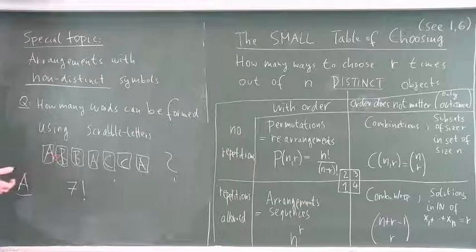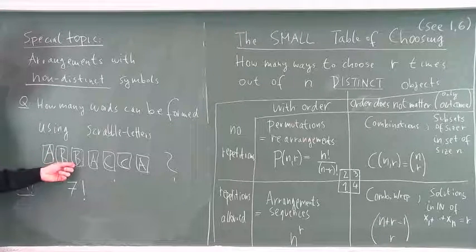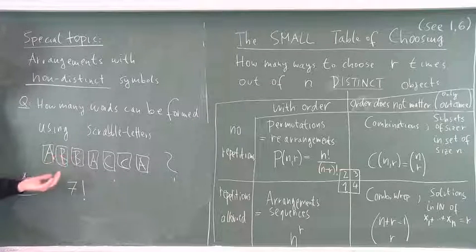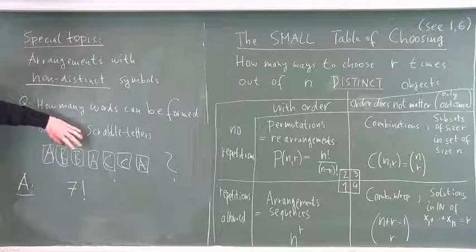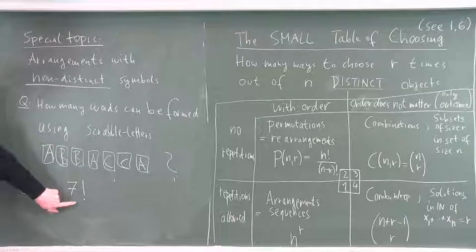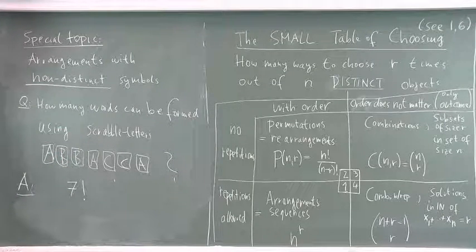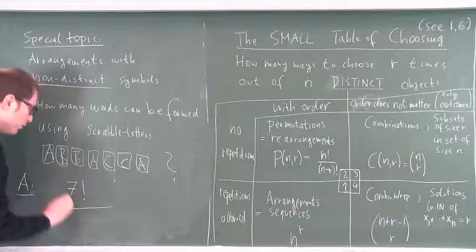Then just looking at it, from very far away, if you wouldn't see the little 1s and 2s, you would just think there are still 2 B's here. In other words, if you just exchange them, we have 2 examples among these 7 factorial which give you the same outcome, which give you the same word. So what you do is you divide by 2 factorial.